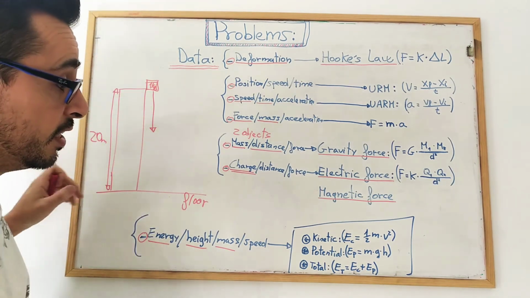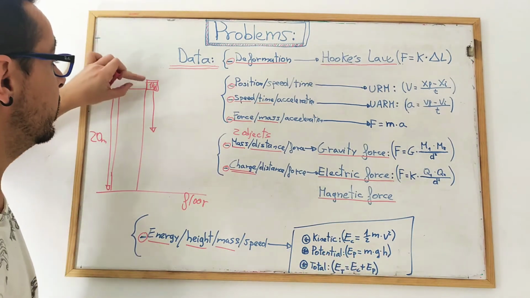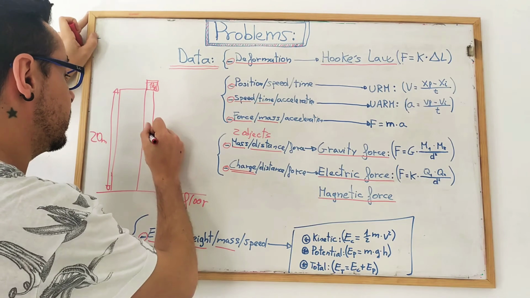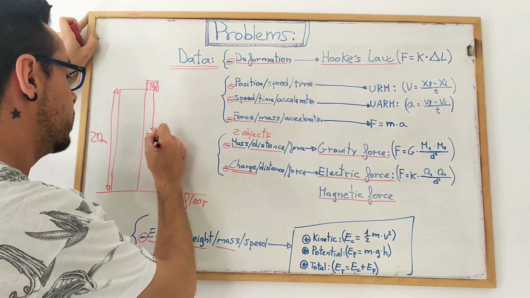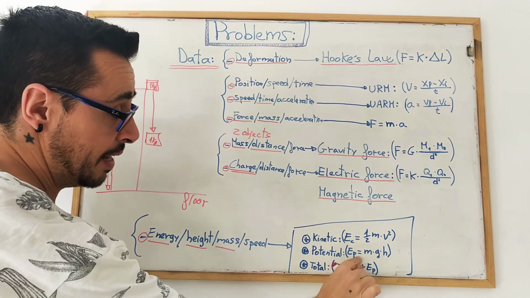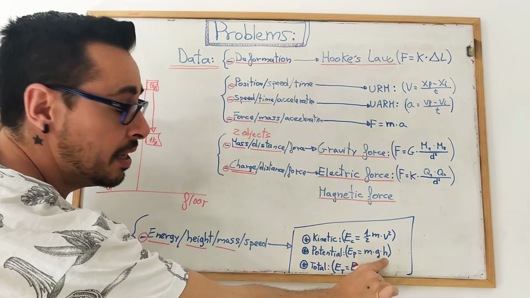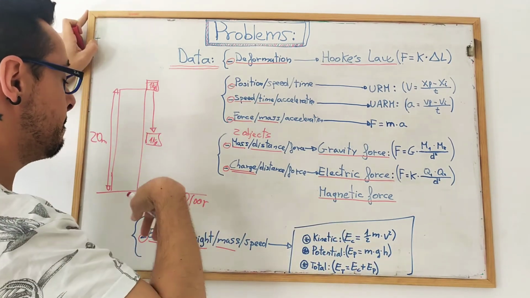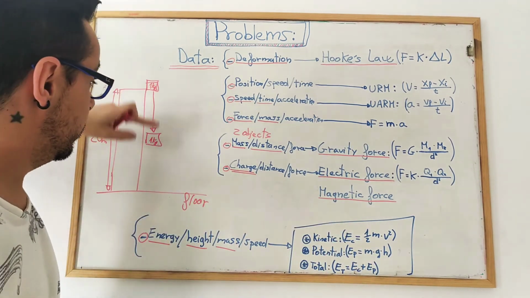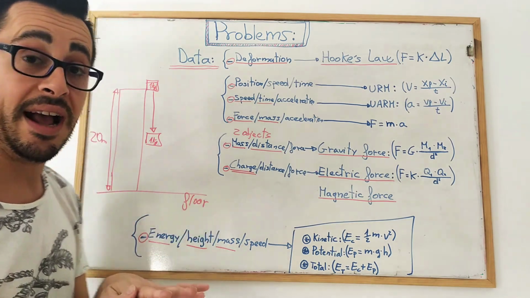At the beginning it only has potential energy, it's stopped yet, but when the object starts falling down, what is going to happen? Look at this: potential energy equals mass times gravity times height. The height is going down, so the height is going to be lower and lower as it falls.